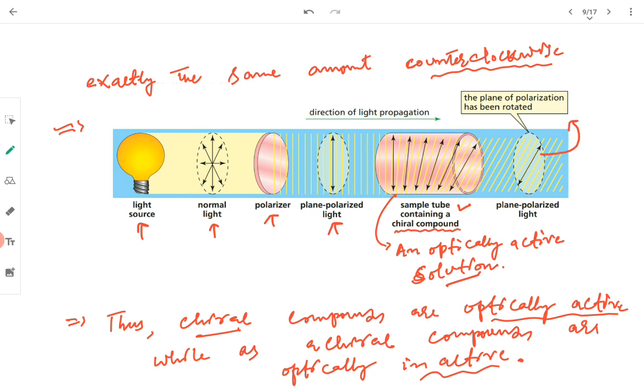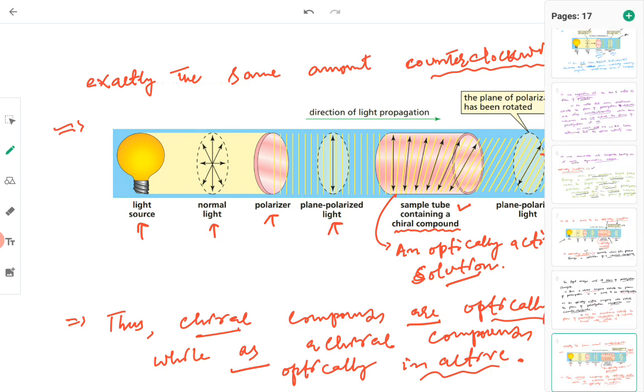It has been rotated to the right. So such a compound is known as an optically active compound. Chiral compounds are optically active, whereas achiral compounds are optically inactive.